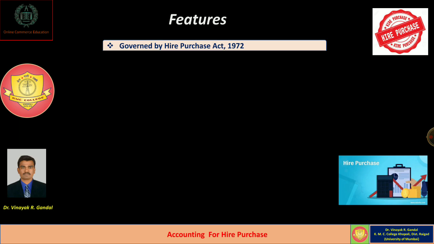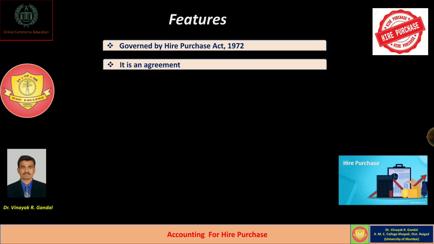So traders have to follow all the provisions as prescribed in the Hire Purchase Act 1972 for recording the transactions of the hire purchase system which has been made between two persons, that is hirer and hire vendor. It is a written agreement of buying the goods, made between two persons, called hirer and hire vendor, about the hire purchase system.